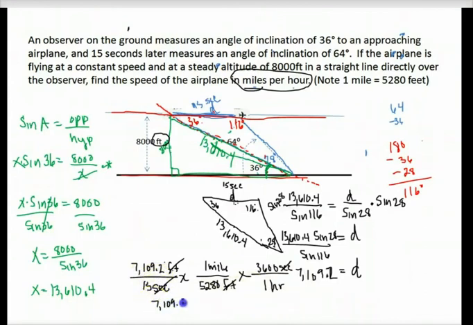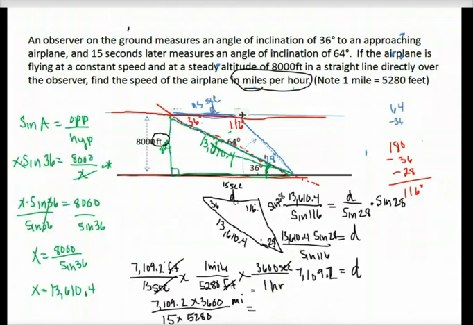So now write down what you have left on top. 7,109.2 times 3,600 miles over 15 times 5,280 hours. Okay, if you calculate that, you will finally get your answer.